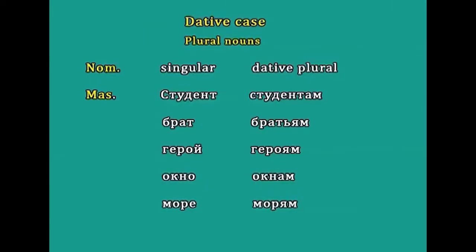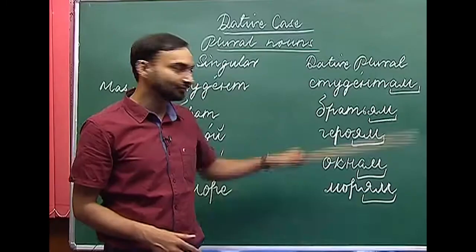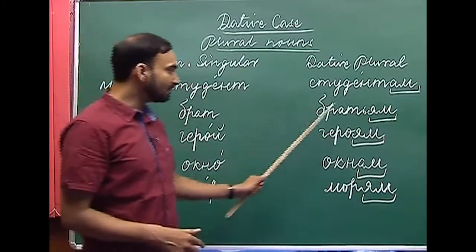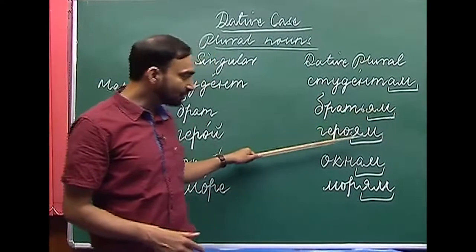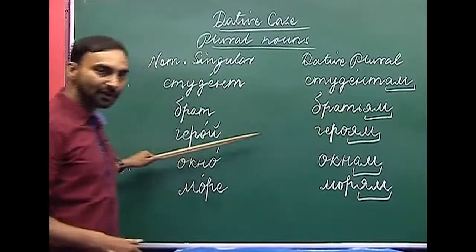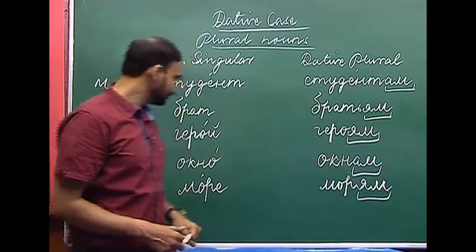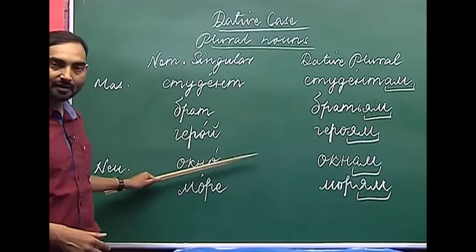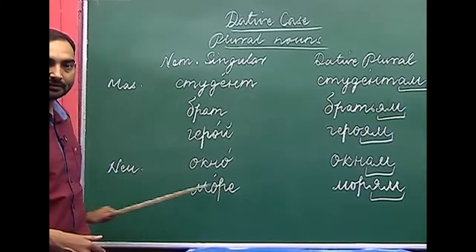The next masculine noun we have is giroi. Giroi is hero. So, what happens when we use giroi in the dative case in the plural form? Again, similar to bratyam, we use yam here. Giroi, giroyam. The next one we have is akno, which is a neuter gender noun.